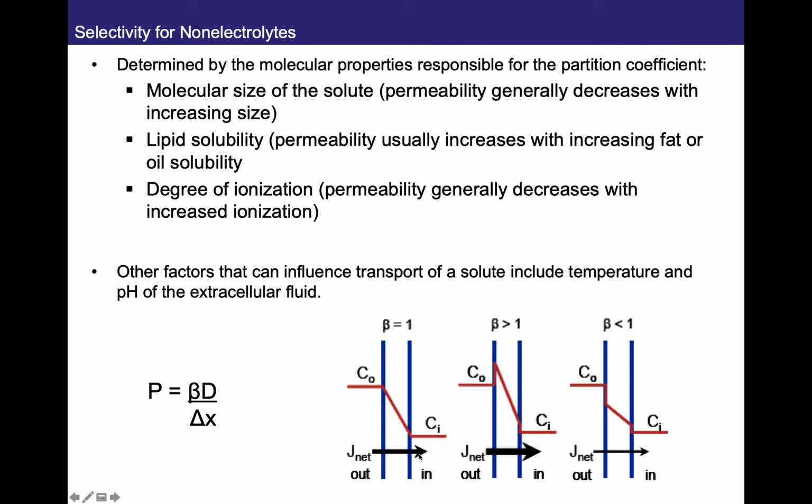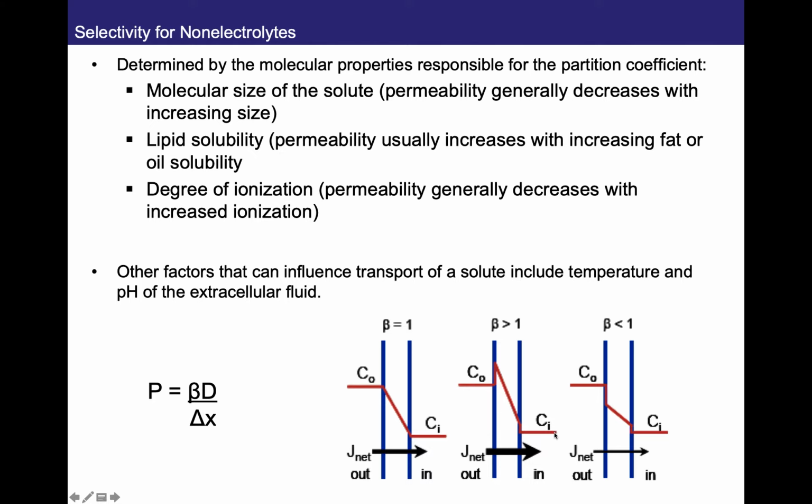Let's go to the middle panel here. If the beta coefficient is greater than 1, then I already said it prefers to be in a lipid environment, right? It's a hydrophobic molecule. So now let's take a look at what happens to that concentration gradient within the membrane. You can see here's the concentration outside and the concentration inside.